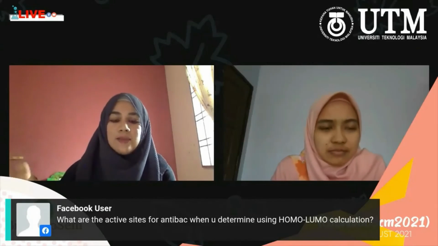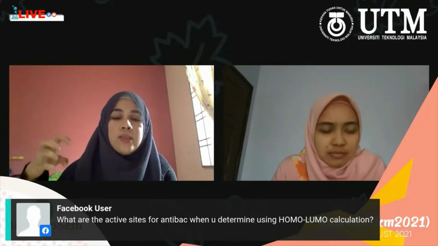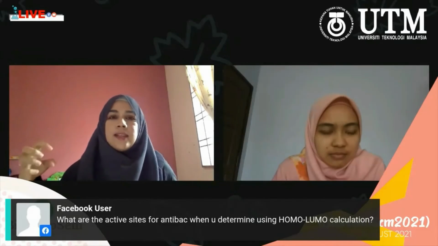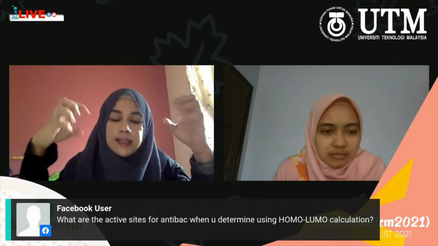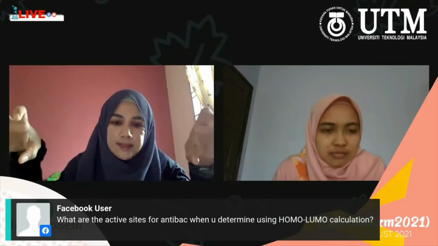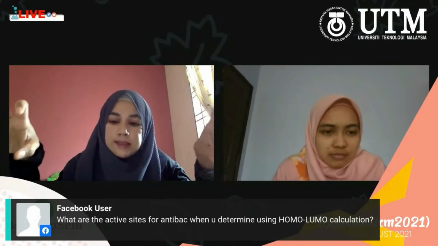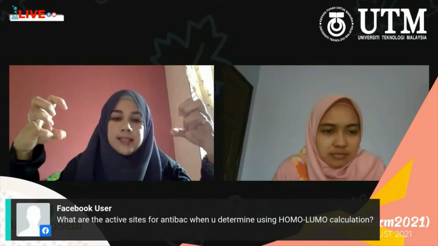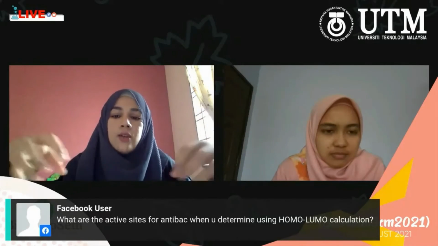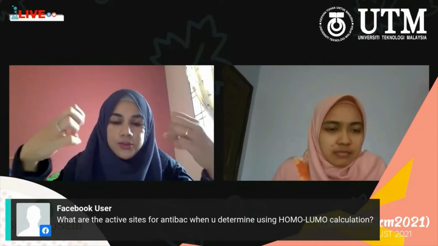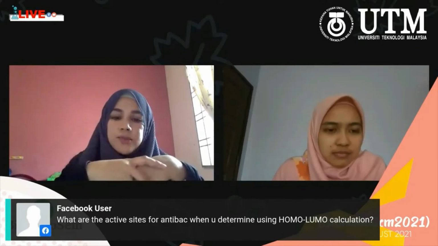That is the one thing that we investigate. If you change the effectiveness of the electron donor in the system, and the conjugation, if you prolong the conjugation system, the antibacterial studies will be very different. And also if you include metal in it, you will also have different values. Okay.